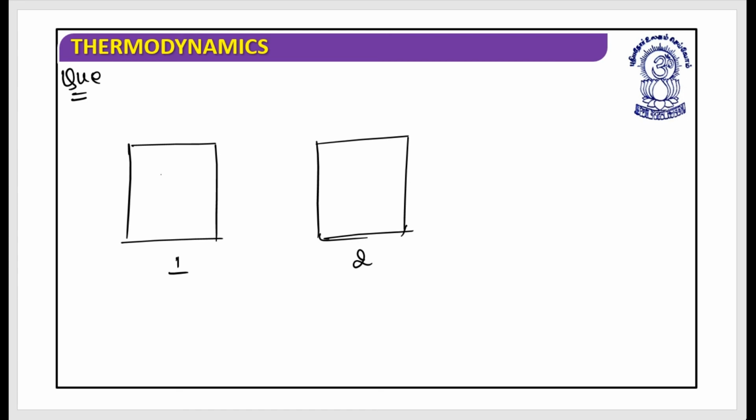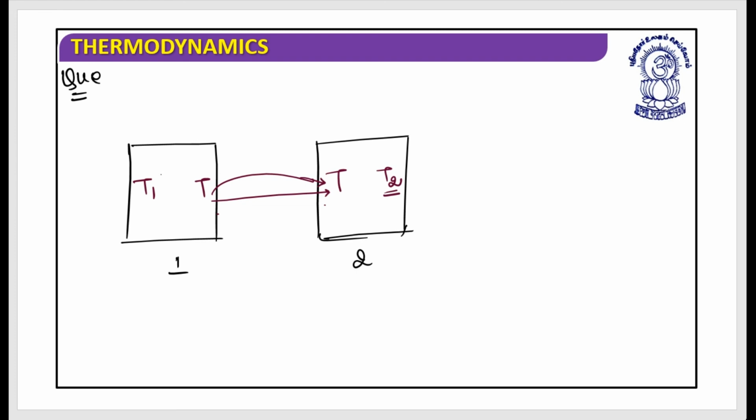The first engine is going to receive the energy at temperature T1 and reject the energy at temperature T. The second engine is going to receive the energy at temperature T. Basically these two are connected: the output of this has been connected as the input of this. It is something like this, and this is going to deliver the energy to the surrounding at temperature T2.